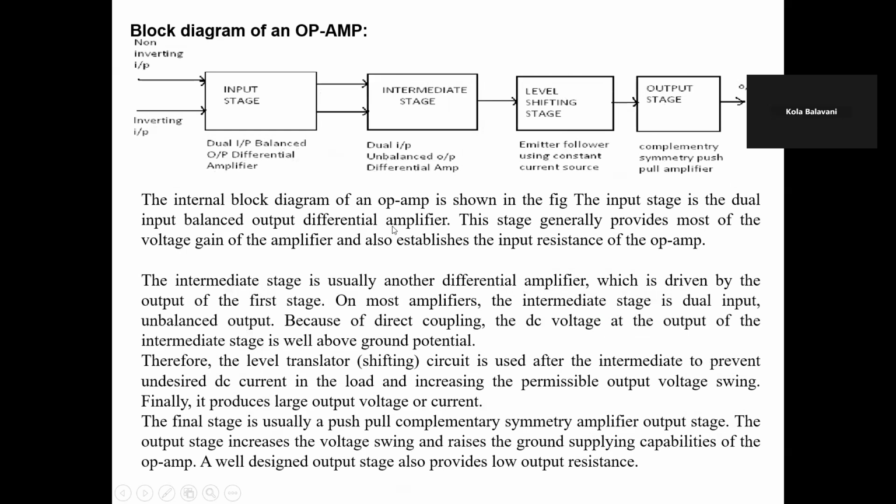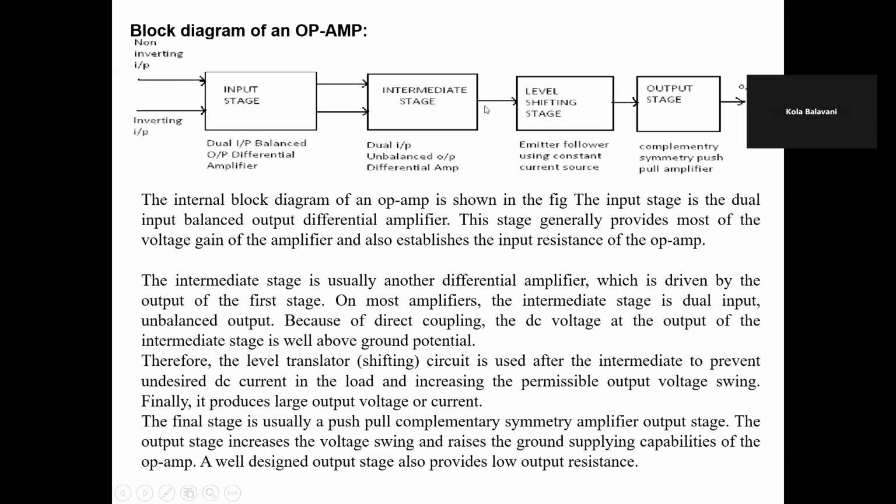So basically it is a direct coupled high gain differential amplifier. The block diagram consists of four stages: input stage, intermediate stage, level shifting stage, and output stage. For the input stage, we are taking the two inputs from the two terminals, those are the inverting and non-inverting terminals. And the output is also taken from two terminals.